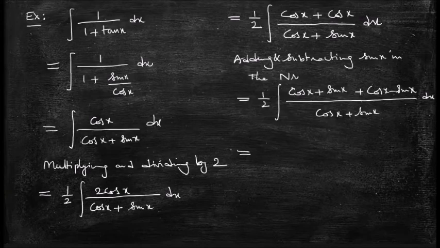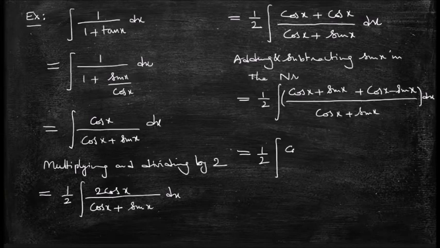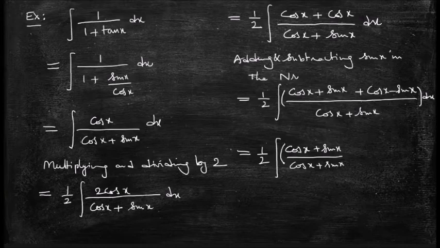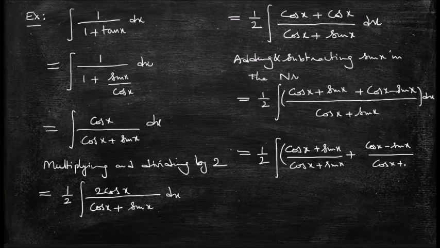Now this is a compound, so I can put a bracket for this, half times integration of, I'm separating the denominator for the numerator as like this, (cos x plus sin x) by (cos x plus sin x) plus (cos x minus sin x) by (cos x plus sin x) dx.